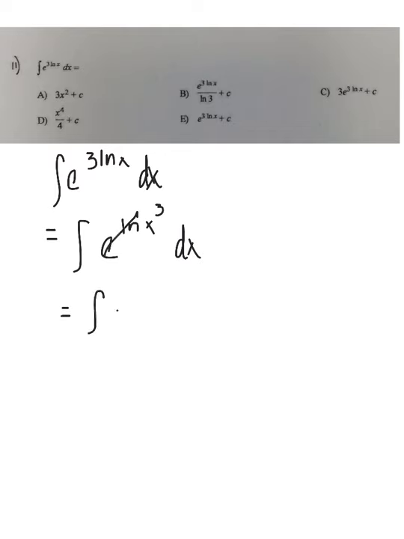So really all I'm doing is I'm integrating x cubed. And that's why I was saying it's a lot easier to just do that, because if I integrate that, that's going to be x to the 4th, technically over 4. I'm going to write times 1/4 plus c. Right, and that would be choice D.